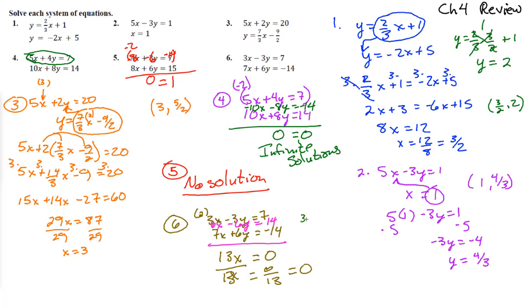We get 3 times 0 minus 3 times y equals 7. The 0's gone. Divide by negative 3 and we get y equals negative 7/3. So we get 0, negative 7/3. Alrighty, there's 1 through 6.